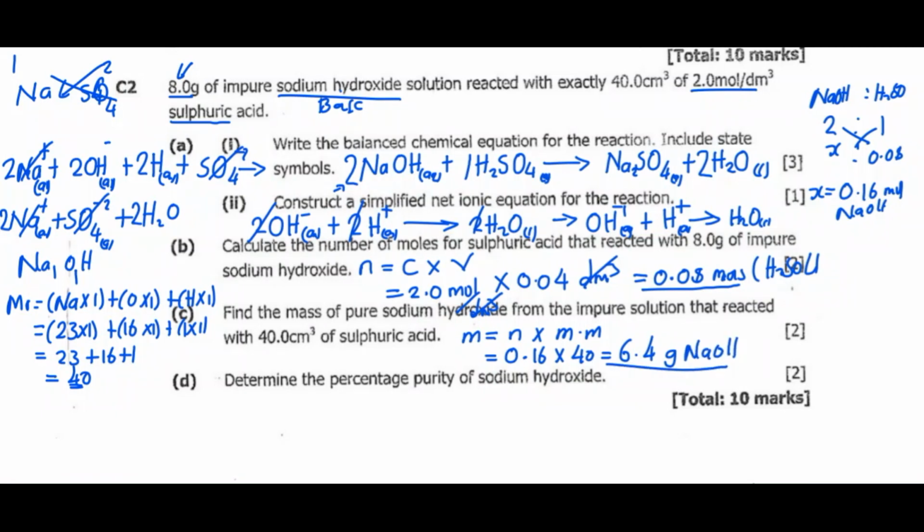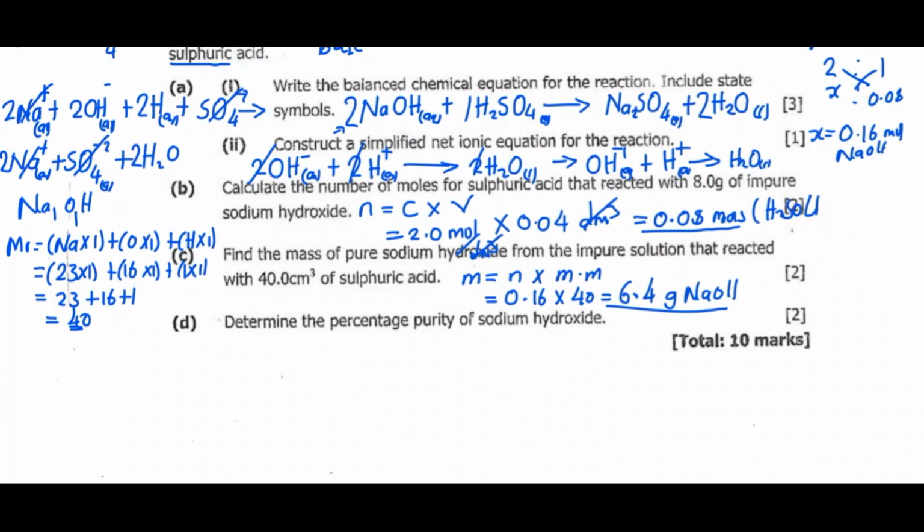And make sure the mass that you are calculating is less than the mass of the substance that is impure, because from that you have a certain mass for the impurity. So you can't get a number that is greater than 8. Then that answer is incorrect. Then for D, determine the percentage purity of sodium hydroxide.